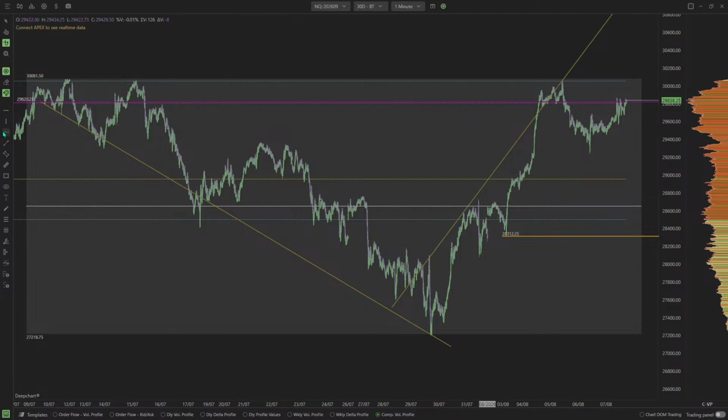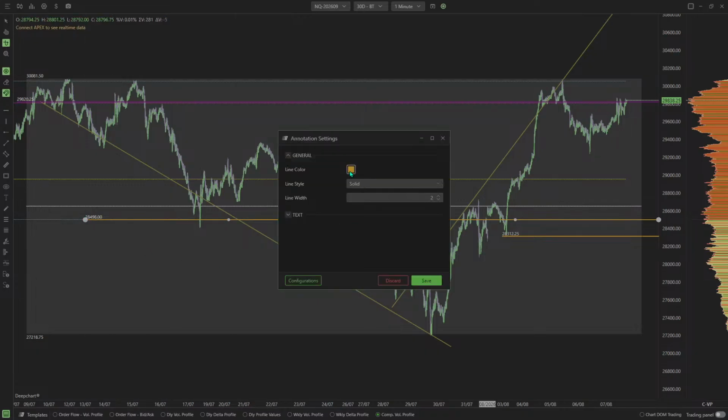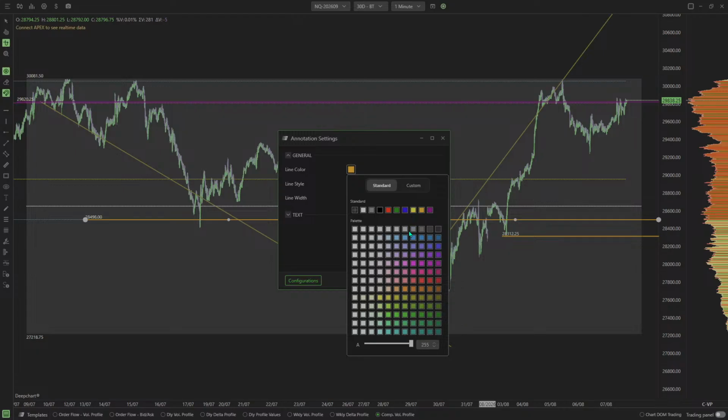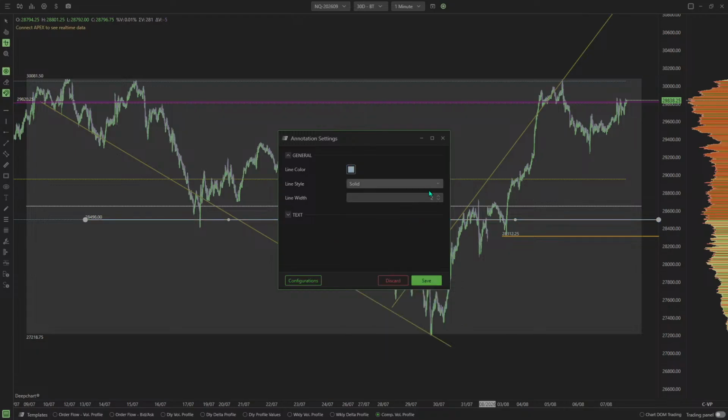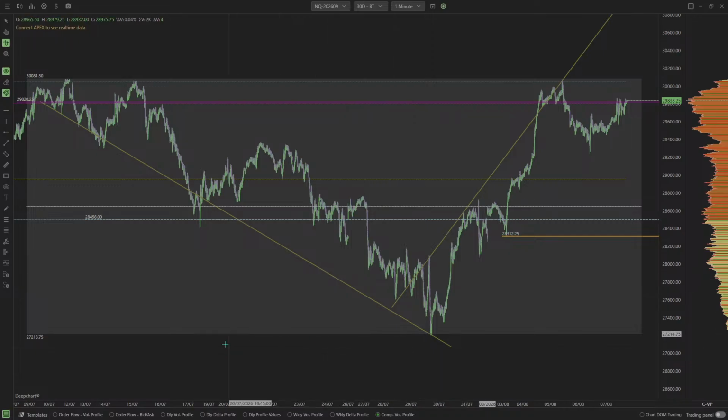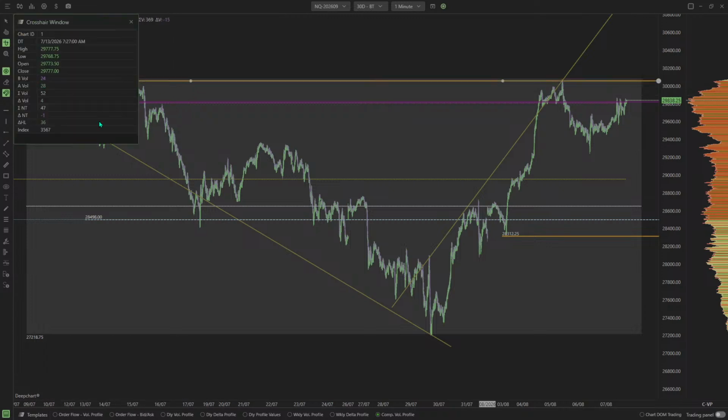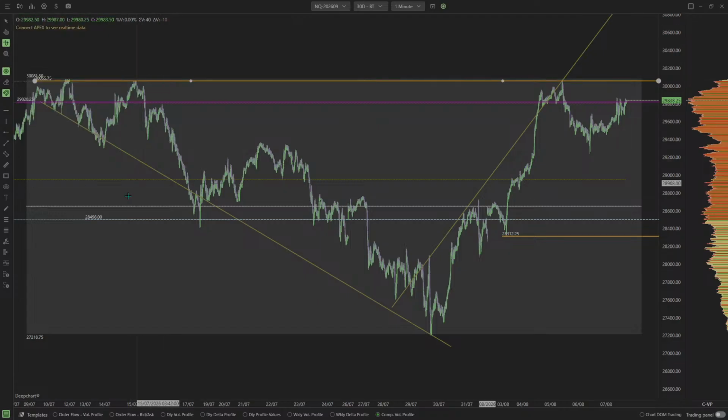Value area low is right here. Turn this into like a blue and put some dashes on there. That's the value area low. And the value area high is essentially, get it this way, a little bit easier.